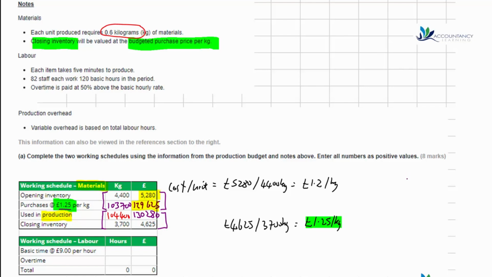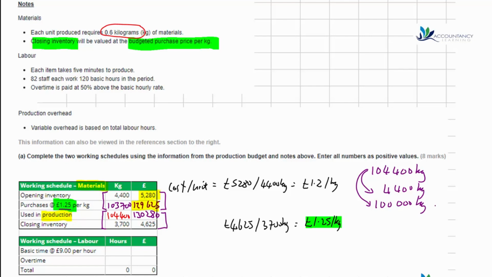So let's think of the alternative way of doing this. We know that we produced our products and we used 104,400 kilograms to do that. Of that, 4,400 kilograms would be the opening inventory, and therefore from our purchases we must have consumed 100,000 kilograms. So of that total consumption, some was opening inventory and the rest was from the purchases.